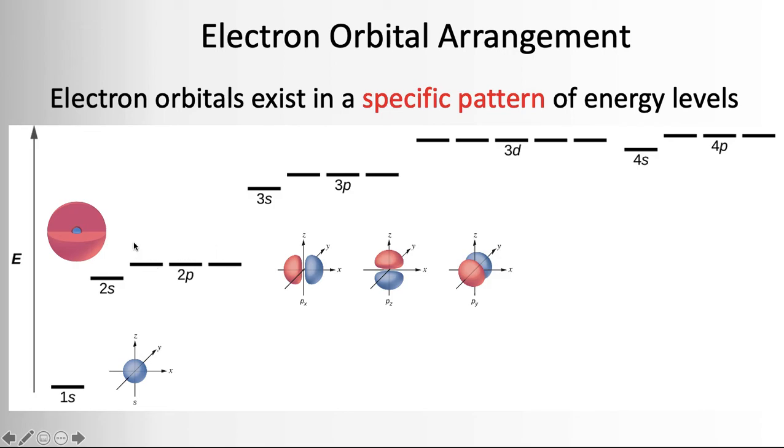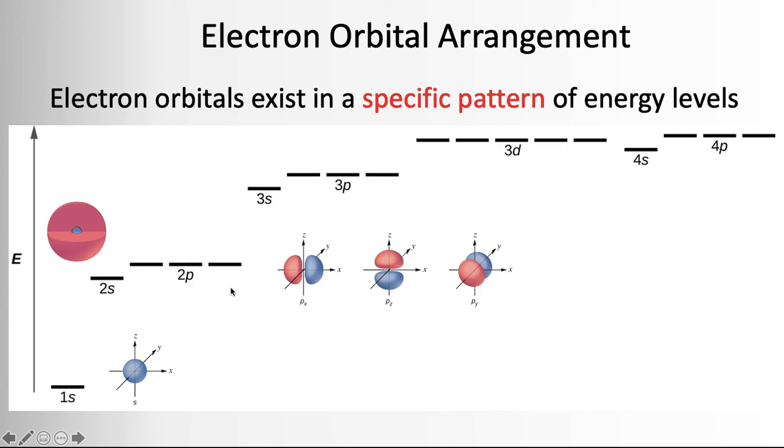I have to put one up here and another one up here. And then if I had more, I would put another one up here. So I maximize the number of unpaired electrons because it's a more stable configuration for the atom than having a paired electron and then two empty orbitals. It would rather have all of these be occupied by one electron, and then we go back and pair them up.